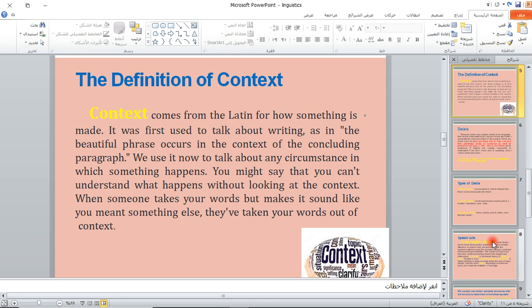We use it now to talk about any circumstances, meaning ظرف, in which something happens. You might say that you cannot understand what happened without looking at the context. When someone takes your words but makes it sound like you meant something else, they've taken your words out of context.